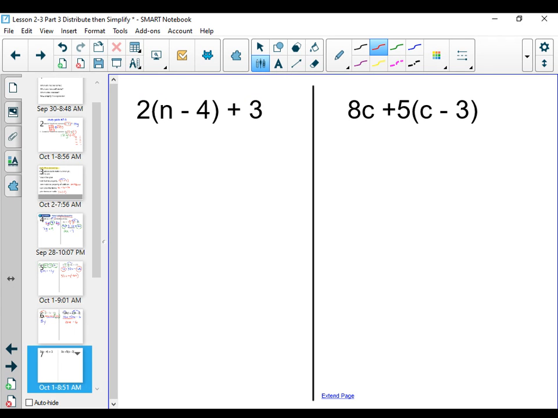On the left, how can I get rid of these parentheses? I know, distribute. 2 times 1n, 2n. 2 times 4, 8. Plus 3 comes down to the next line.